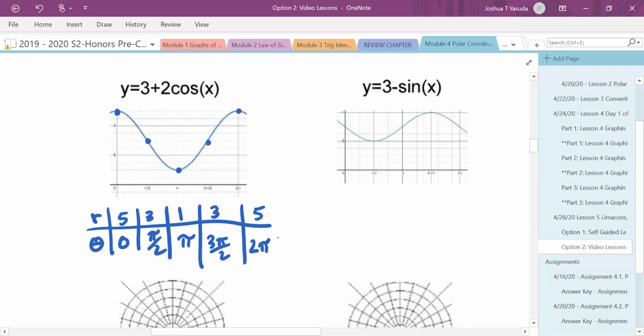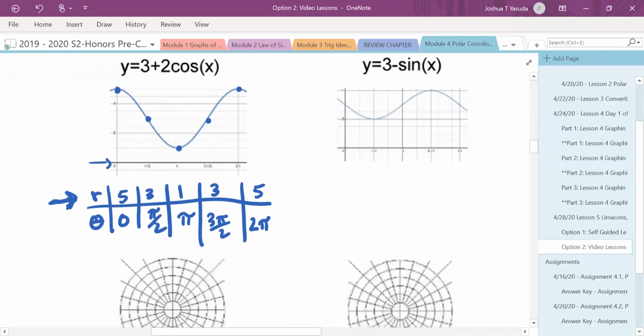So here's what I want you to start noticing about the next two graphs. These never touch 0. These two graphs never hit the x-axis. So that means that the radius is always going to have some value. And so this graph and the one that follows never go through the center of a polar graph, the pole, because they always have some value for the radius.